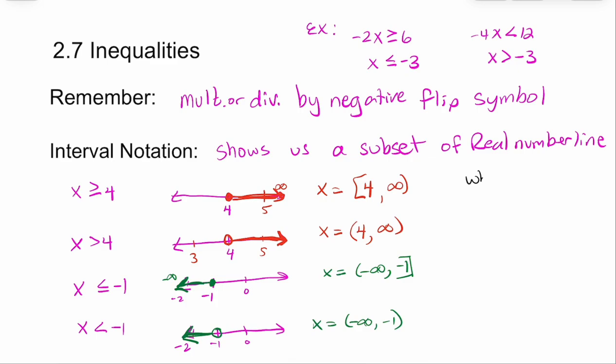Now, the whole number line, so if we're talking all real numbers, you would shade in the entire line. So that goes from negative infinity to positive infinity.